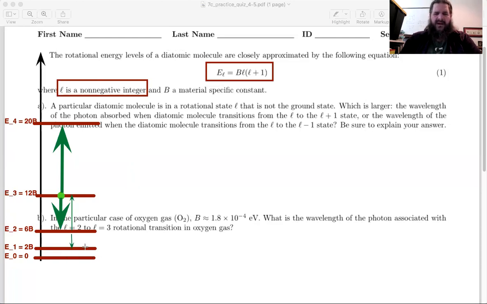Or if you're starting at L equals 1, going up takes a lot of energy. Going down loses only a little bit of energy. So it seems to be true for at least all the cases we see here. And based on the fact that we're multiplying by larger and larger numbers, the L times L plus 1, these gaps are just going to keep getting larger and larger as we go further up. Any questions on that so far?